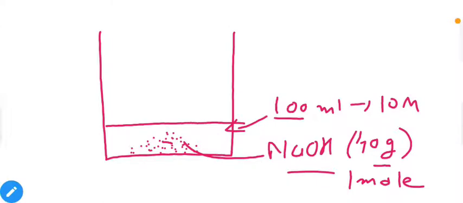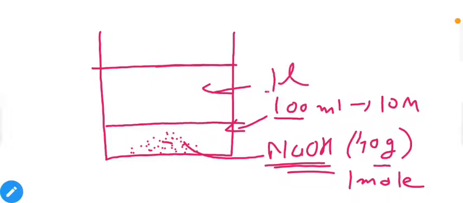Now find the conductivity of this solution. It is called molar conductivity of the solution because we have 1 mole quantity of our solute. Now if you want to find the conductivity of a 1 molar solution, then you have to add some more solvent into it. Suppose the total volume after the addition of some solvent is now 1 liter. So now 1 liter contains 1 mole of NaOH.